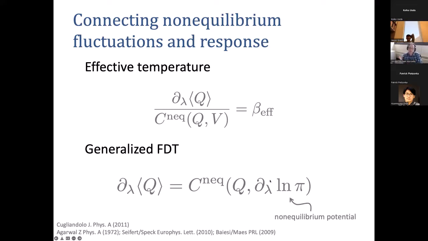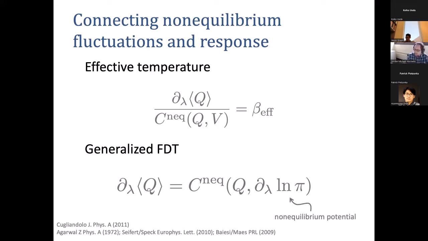This is nice, it's formally exact. It's tricky to use because you have to know or measure the whole steady state distribution. That being said, a lot of great work in stochastic thermodynamics has given physical interpretation to this quantity in terms of the response of the steady state entropy production rate, as well as the activity or traffic, as we heard before.